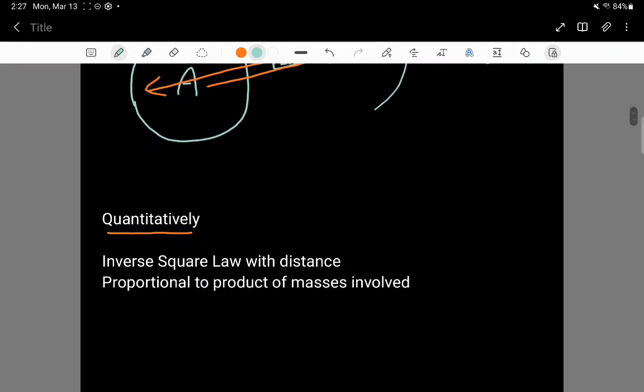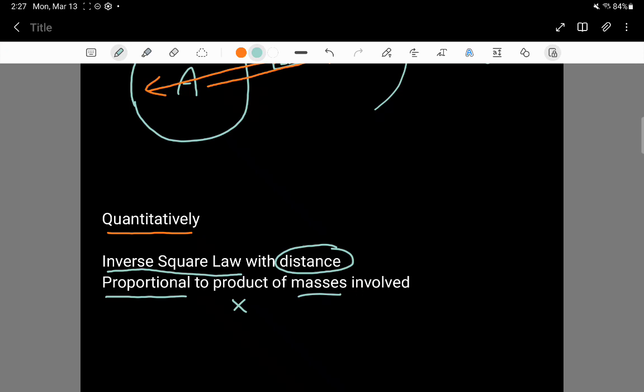So gravity is known as an inverse square law in the distance. But gravity is not an inverse square law in the mass. Instead, it's strictly that it's just proportional to the product of the masses. Product means multiply, right? That's meant to be a little times symbol.